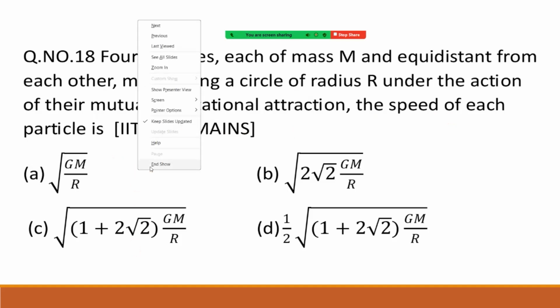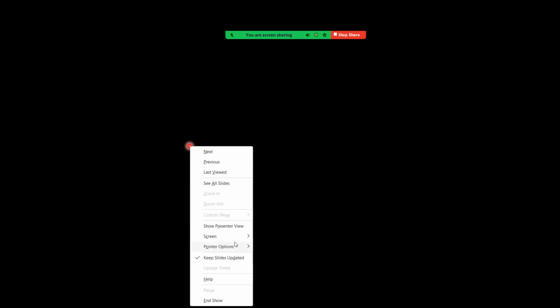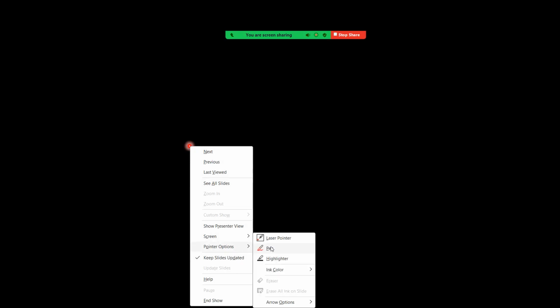Earlier we have solved for 3-point masses. Yes or no? Now the only change is that it is now 4-point masses. See how we solve it. When you are taking 4-point masses, those 4 points will be on one square, whose corners are on the circle.